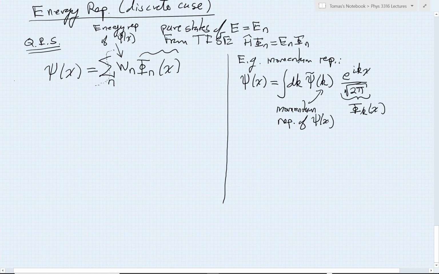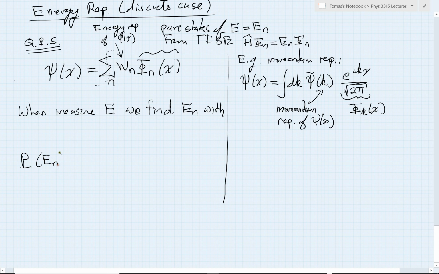Okay, so once I have this quantum principle of superposition, here are some of the things that we're going to be able to do with it once we actually know how to solve for these bound state wave functions. One of the most primal questions we can ask is, if we do a measurement, when we measure the energy, E, we find, right, of course, just these allowed values, En, but with what probability? With the probability of E sub n should equal what?